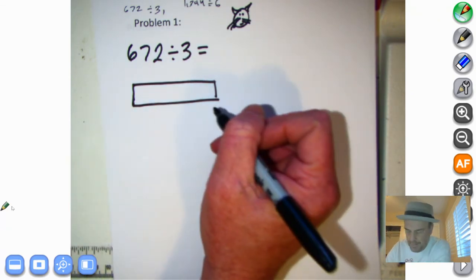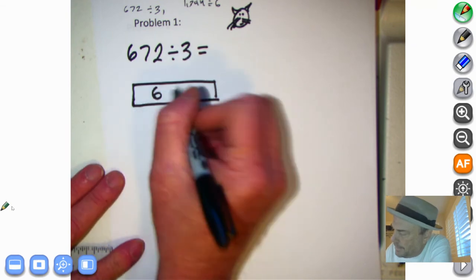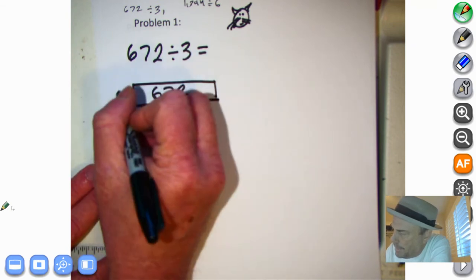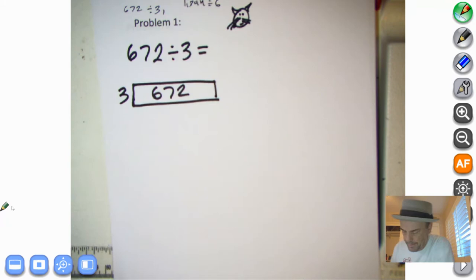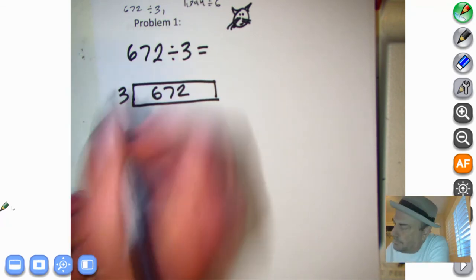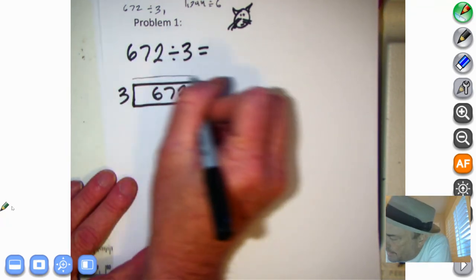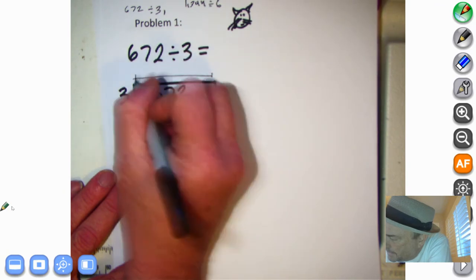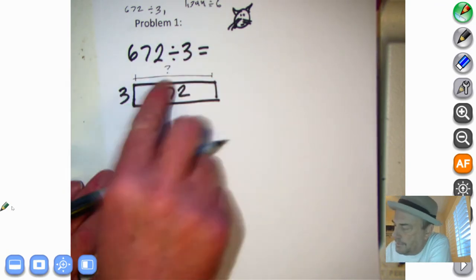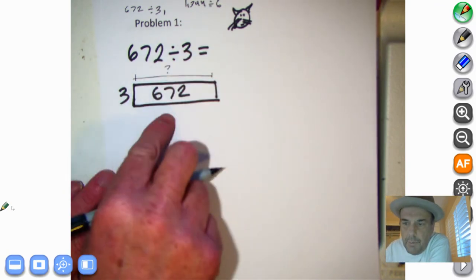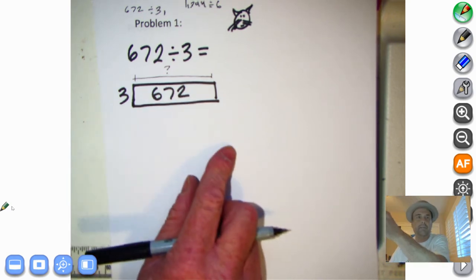The 672 is in here, just like our application problem, and we're dividing by 3. What we don't know is this. This is the big question. Once we get this times this, width times length will equal that. It's just like division.